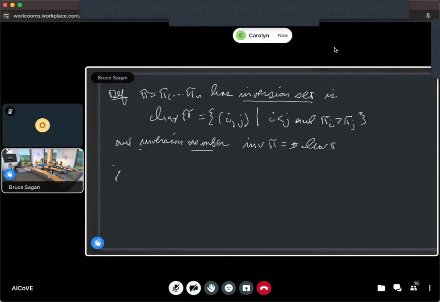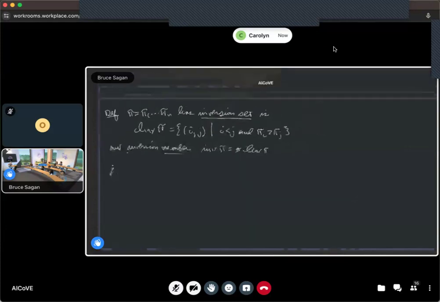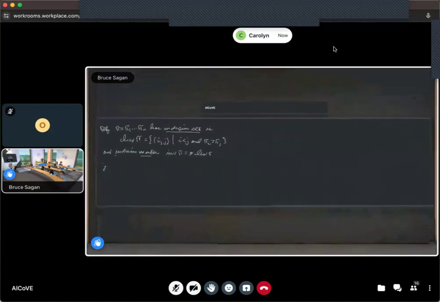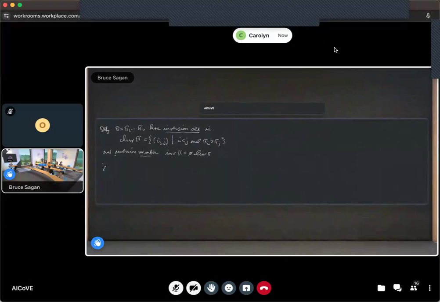Geez, this thing really doesn't want to write. Okay, let's see whether this works. Where do I need to go to get the reset? Go to settings, then whiteboard and desk, and there's a thing that says reset desk whiteboard.